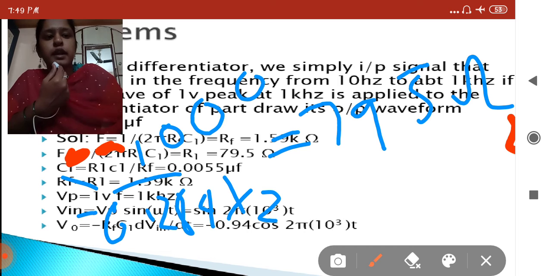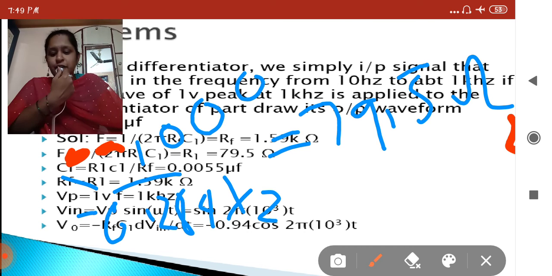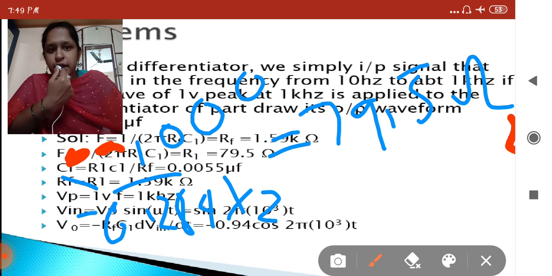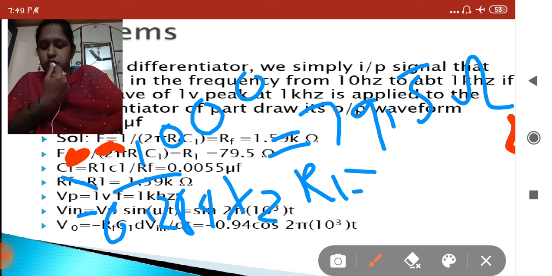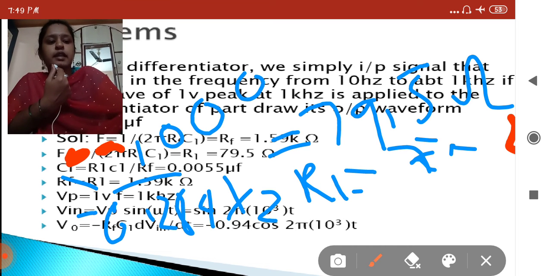You have to get 79.5 ohms, so R1 equals 79.5.